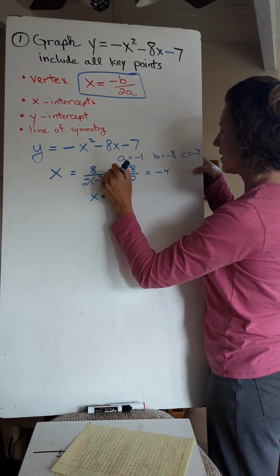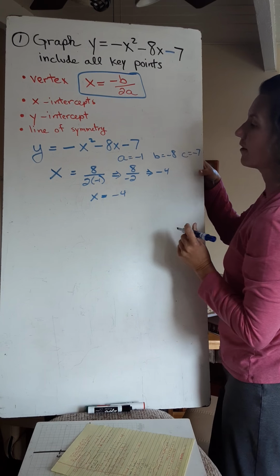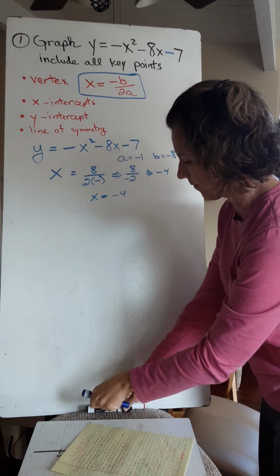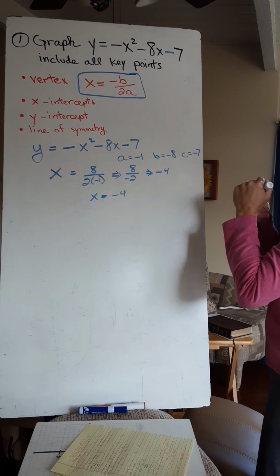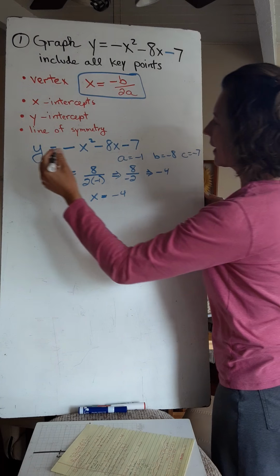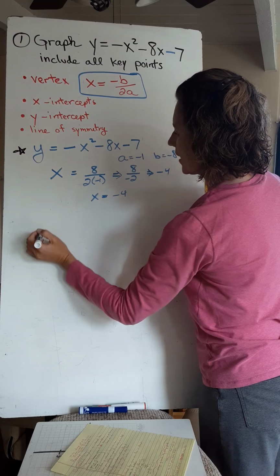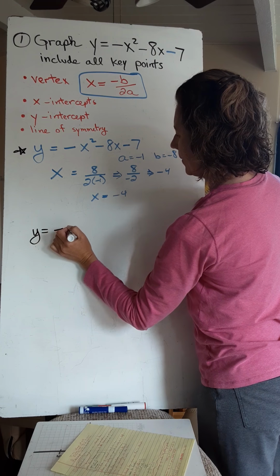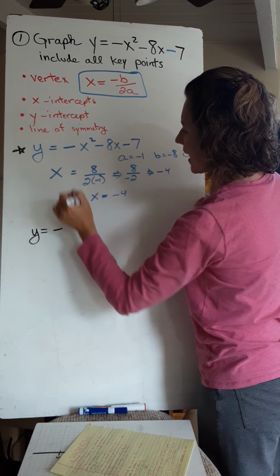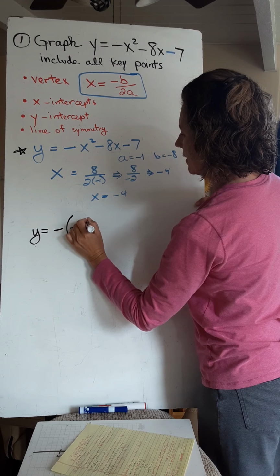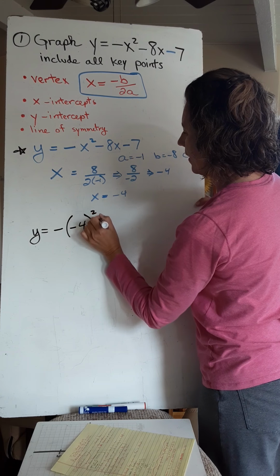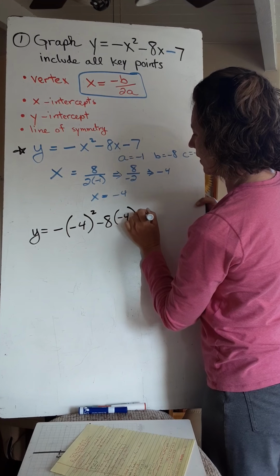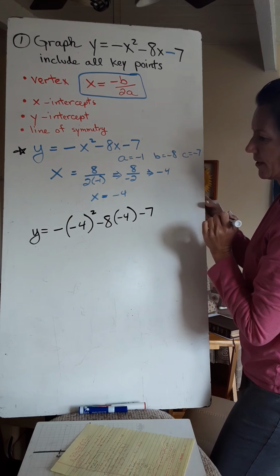So x equals -4. To figure out the y value of our vertex, we are going to take this -4 and plug it in to our original equation. Y equals negative, and then this has to go in parentheses, -4 squared minus 8 times -4 minus 7.